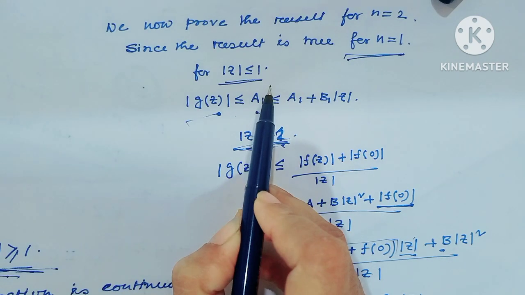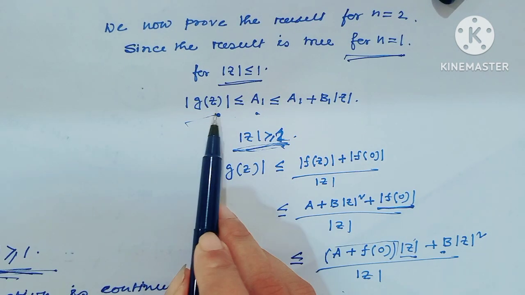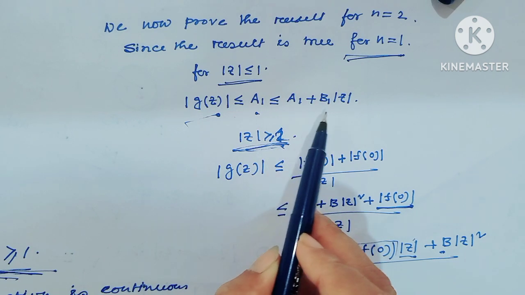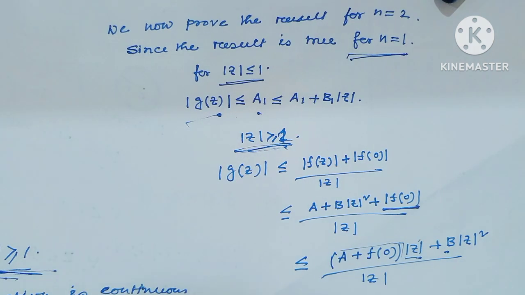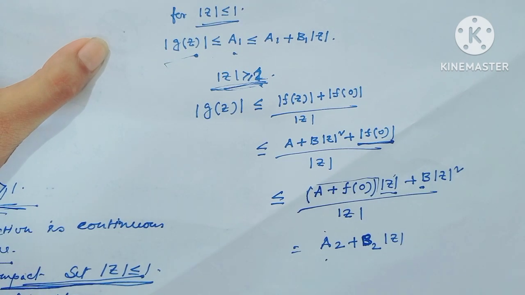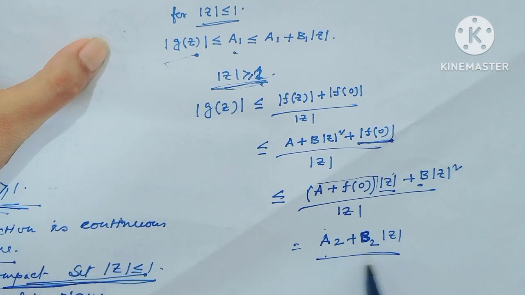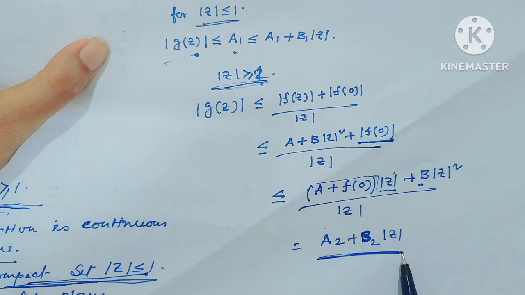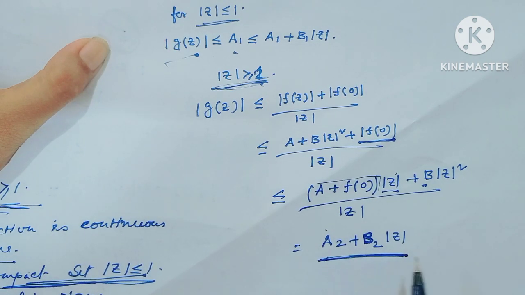For mod z less than or equal to 1, I have got mod gz less than or equal to a1 plus b1 mod z. Also for mod z greater than or equal to 1, I have got mod gz less than or equal to a2 plus b2 mod z. So consider C, which is the maximum of a1 and a2. Also consider D, which is the maximum of b1 and b2.